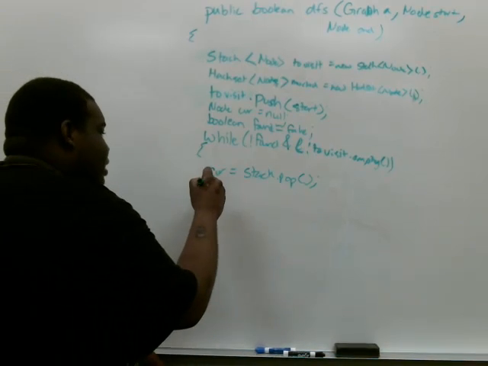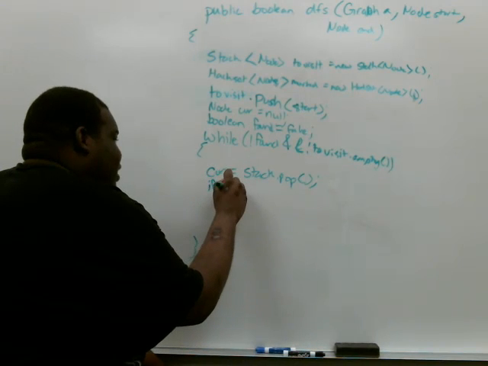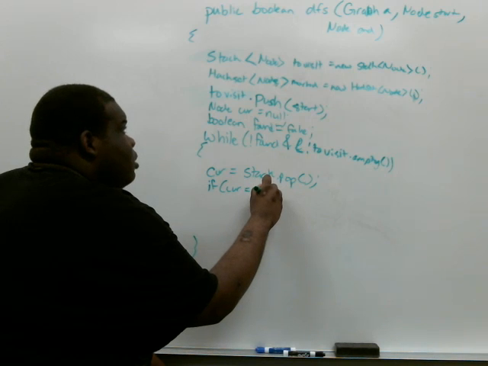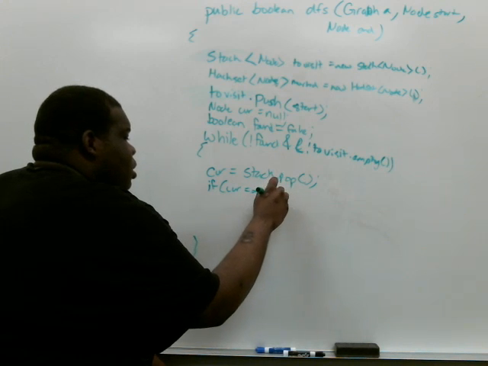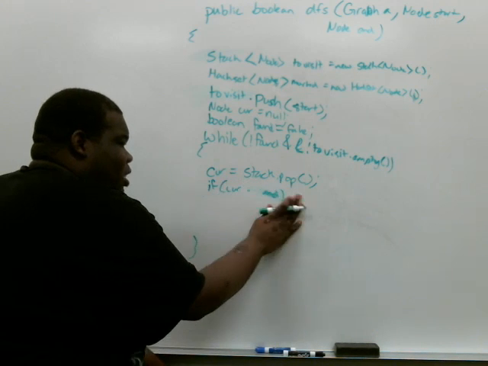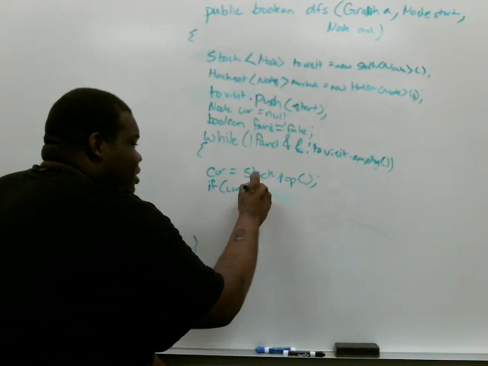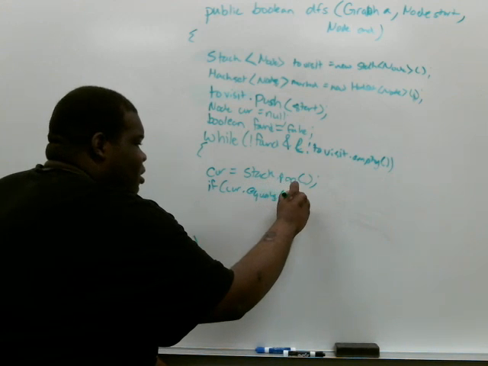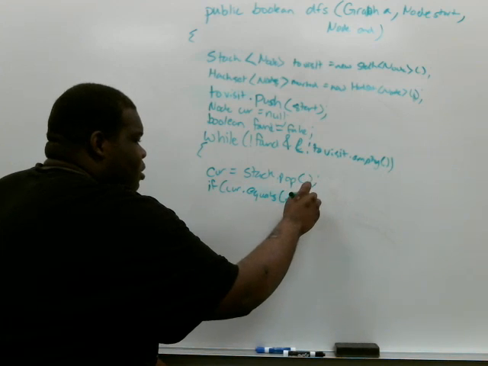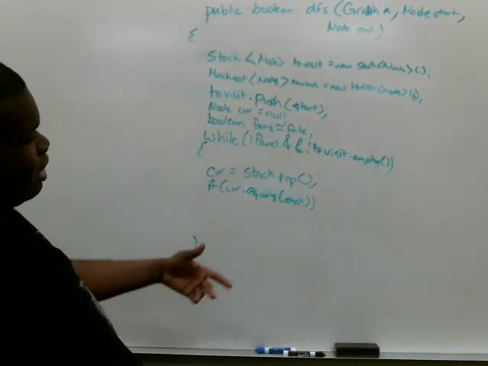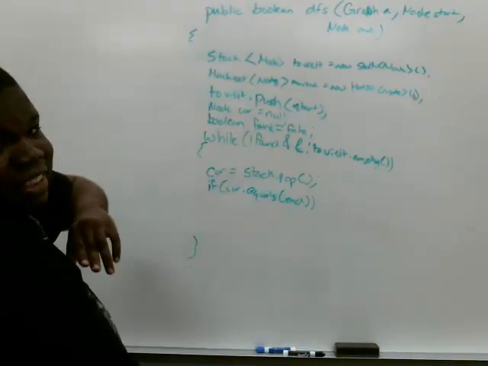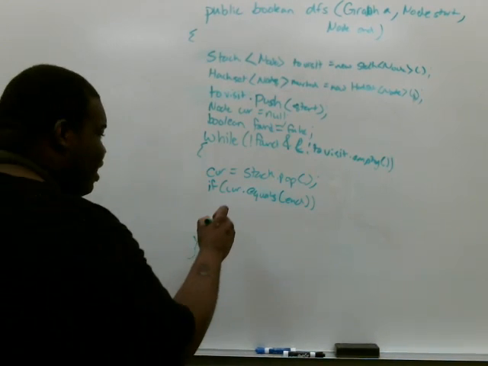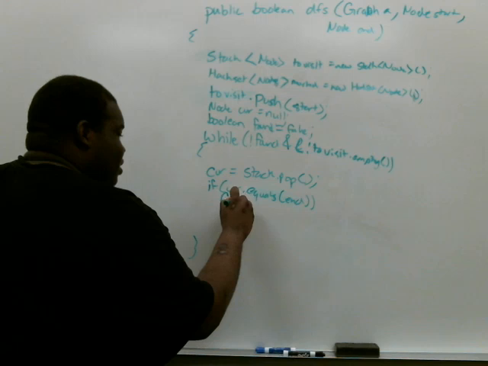So n. So if cur is equal to n, or it would be better in Java to say dot equals. Okay. So we're assuming that node class has a dot equals method. Okay. So if cur is equal to n, we say that it's found.